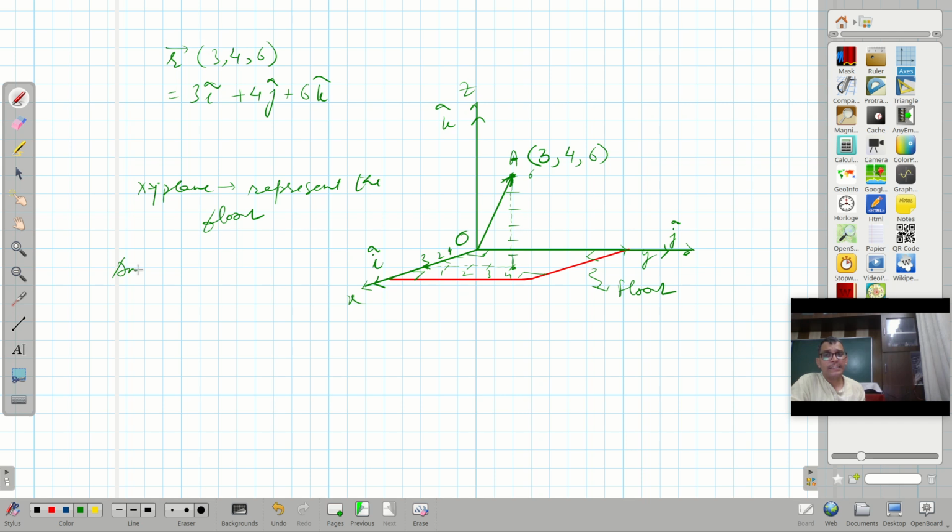so any line drawn perpendicular to the floor, not perpendicular, parallel to the z-axis, is perpendicular to the floor. So this is perpendicular to this one.